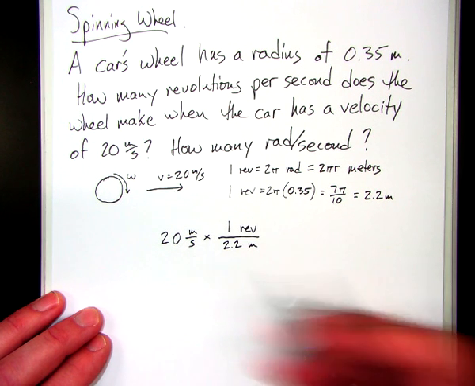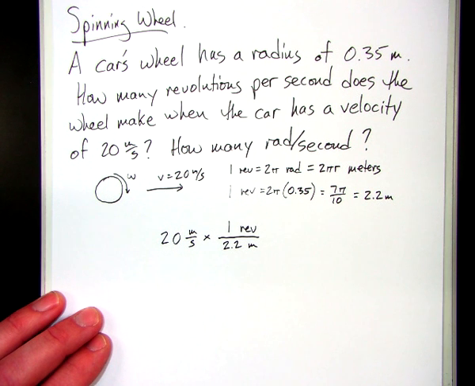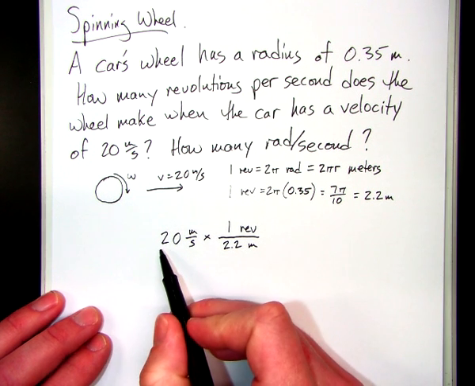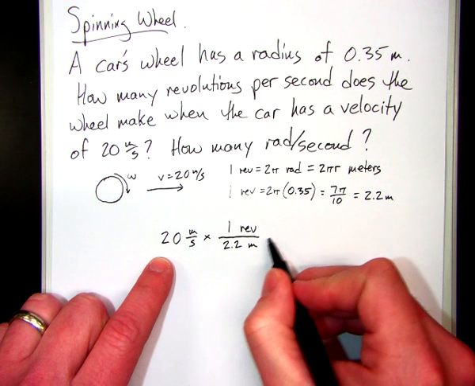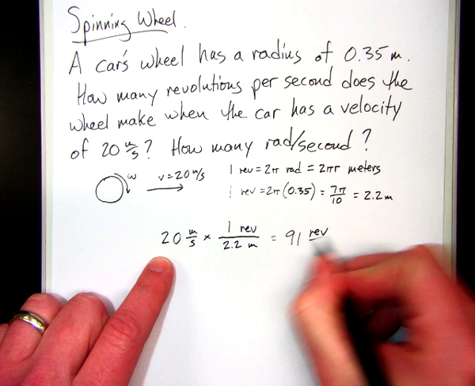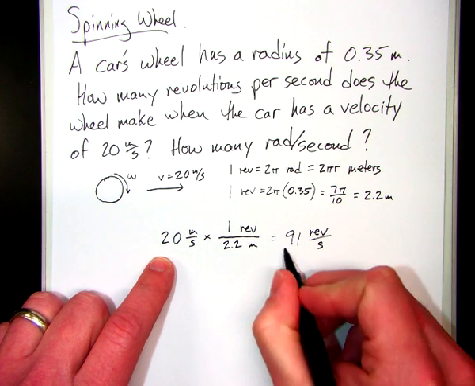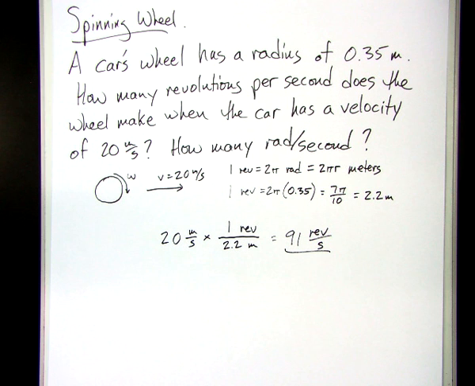So another way to think about this is, for every 2.2 meters, the car goes 1 revolution. So 20 meters per second is going to be 9.1 revolutions every second. So that's an answer to the first question. How many revolutions per second does the wheel make when the car has a velocity of 20 meters per second?